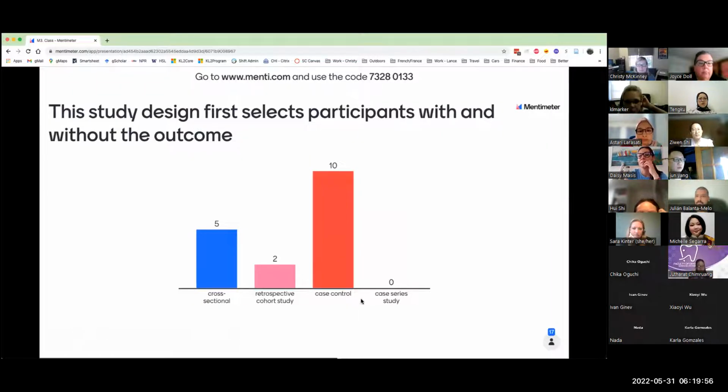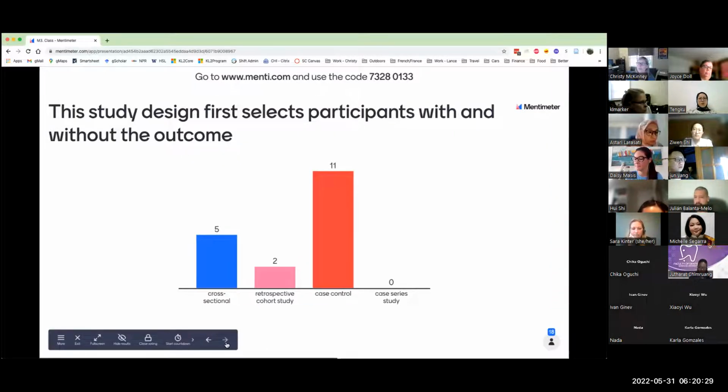So in this particular study design, we're first choosing people, that's a case control study. The key here is that we're first selecting them based on disease status. I'll talk about cross-sectional studies next, but we're simultaneously classifying people in a cross-sectional study based on their disease and their exposure status. Whereas in case control studies, we're selecting people who do and do not have the outcome, and that's how they're getting into the study to begin with.